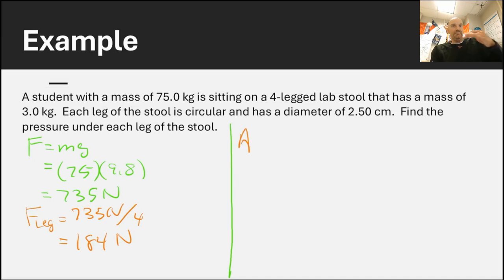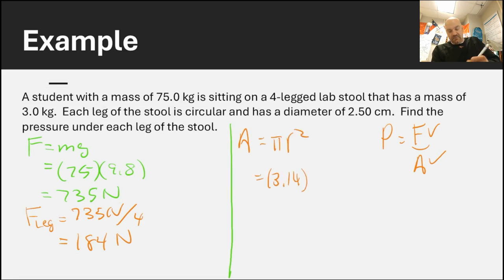And now we just keep building to our equation, which is P equals F over A. So we've got force, we need to find area, and so we know it's pi r squared. So 3.14 times 0.0125 squared. Okay, make sure you're converting centimeters to meters. And we find that each leg has an area of 4.91 times 10 to the negative 4th square meters.